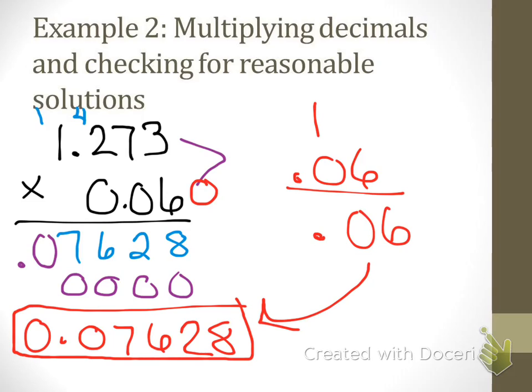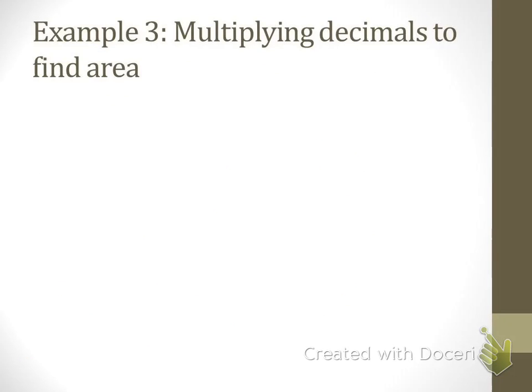So again, we just round using the leading digit. All right? Now, in example 3, oh, hold on. I think I messed up a little bit. Yeah, there we go. 0.7638, not 28. Okay, now moving on to example 3.